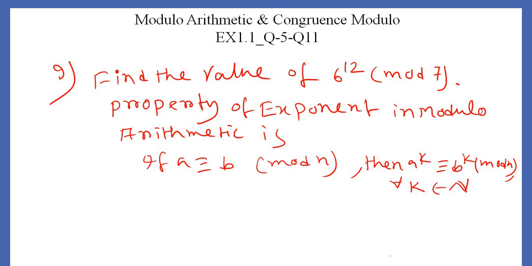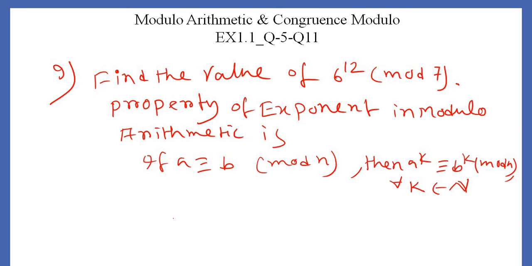For all k belonging to the natural number set, k will start from 1, then 2, 3, 4 and so on. So if a congruent to b mod n, then you can write a to the power k congruent to b to the power k mod n. That means you can take any positive integral value in the power.